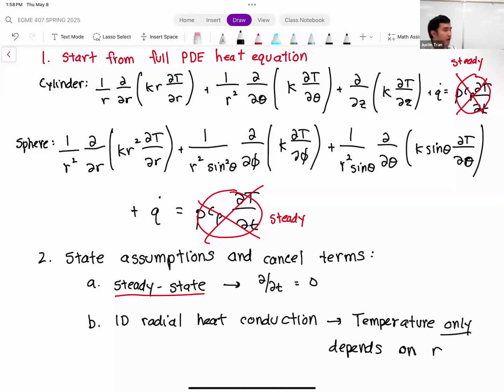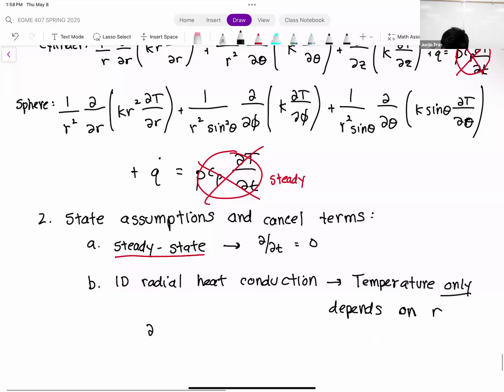So any derivative that involves any of the other variables, with respect to theta, with respect to z, with respect to phi, all of those are going to be equal to 0.